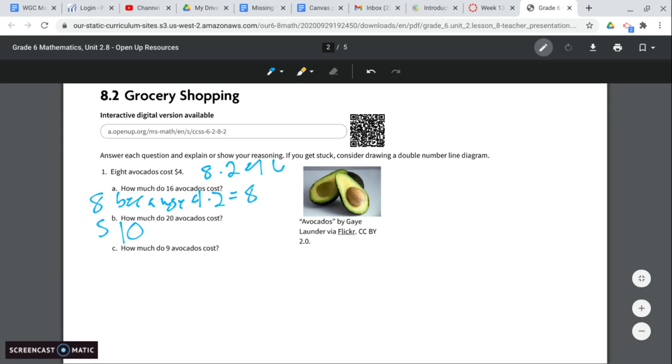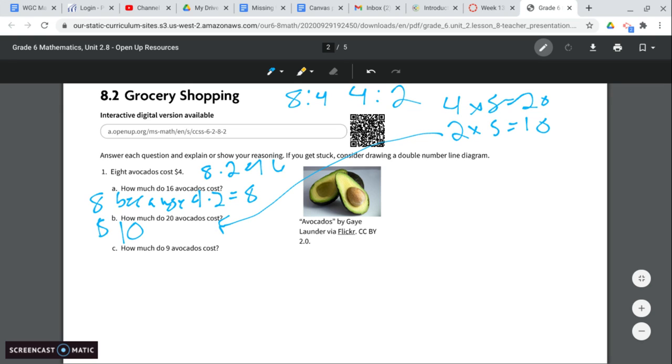So it is $10. If we convert this ratio of 8 to 4 down to 4 to 2, 4 times 5 equals 20, and 2 times 5 equals 10. So this goes down here for B.